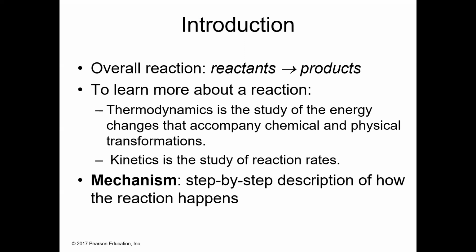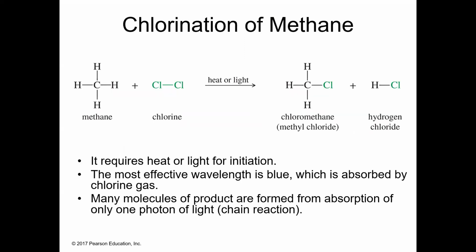Okay, a mechanism is not necessarily something that can be proven, but it can be judged reasonable if it corresponds to the available evidence. Okay, we're going to start with a very atypical reaction.